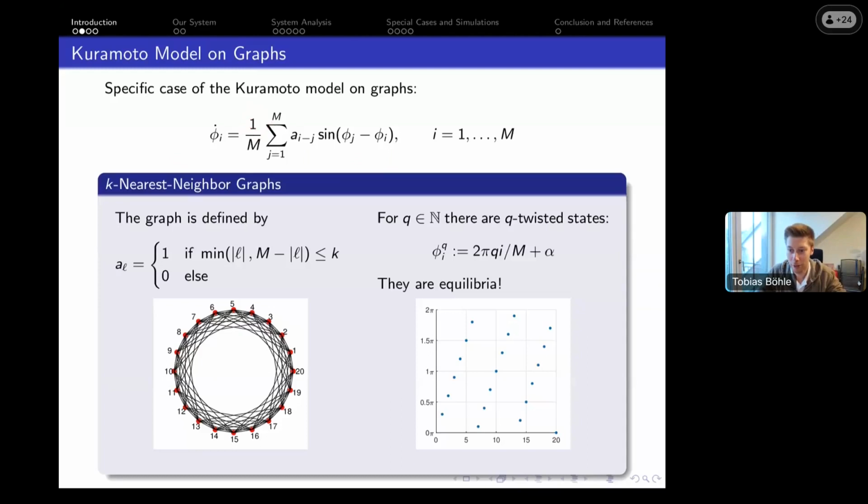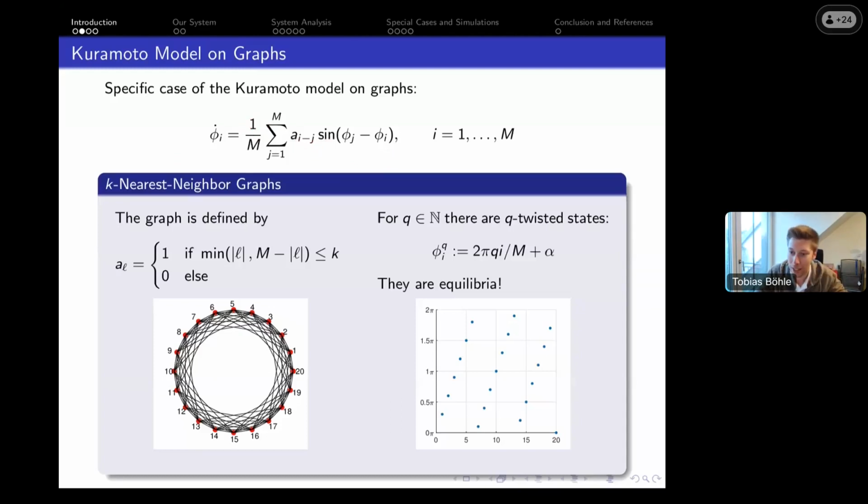And then one more fact that is specific here is that the coefficients of the adjacency matrix only depend on the difference i minus j and not on i and j separately.